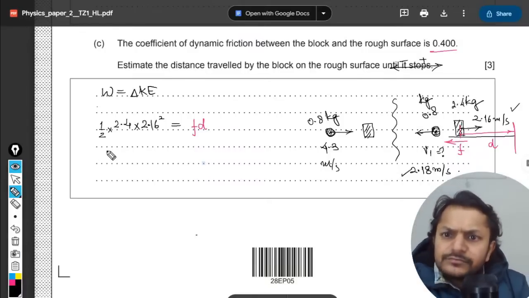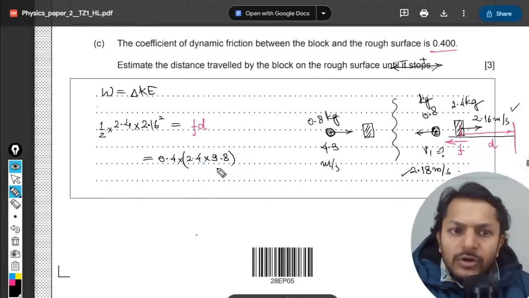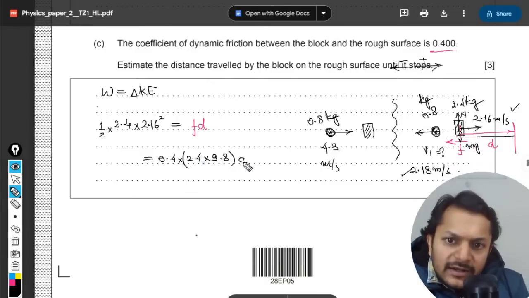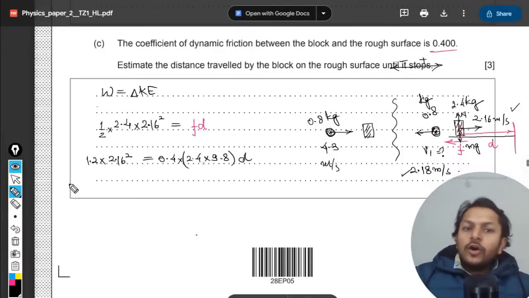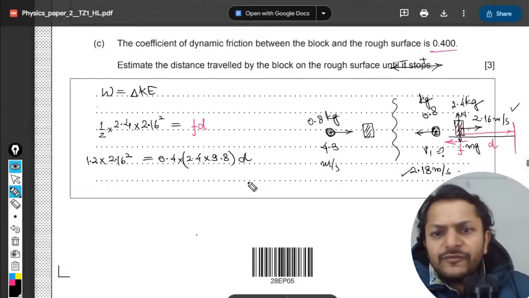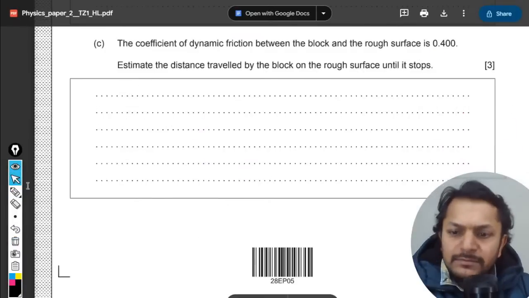Okay, so this is equal to, friction is 0.4 into m into g, because that is going to be the normal reaction here, isn't it? And d, from here we will find d. So 1.2 multiplied by 2.16 square divided by all this. So again, we will not be calculating this, and from here we will find the distance d. Let me show you what is happening in the mark scheme.